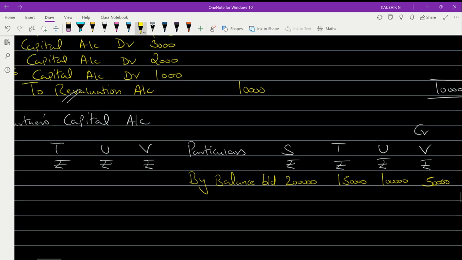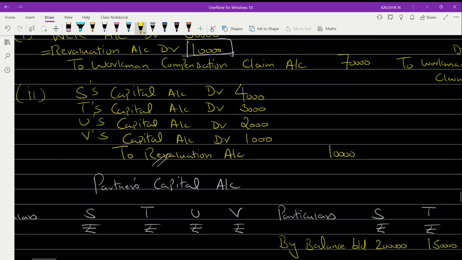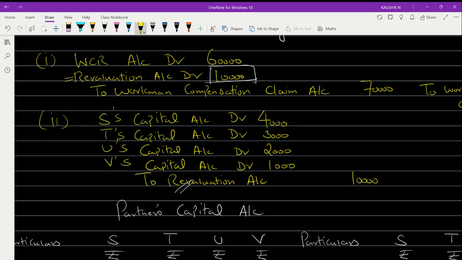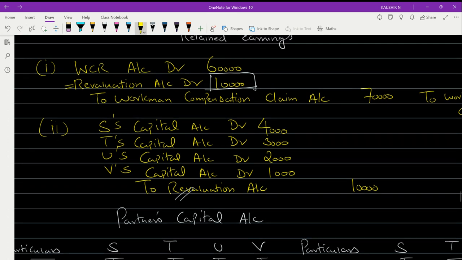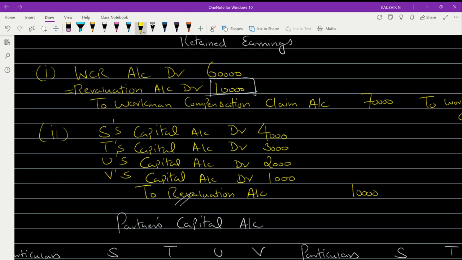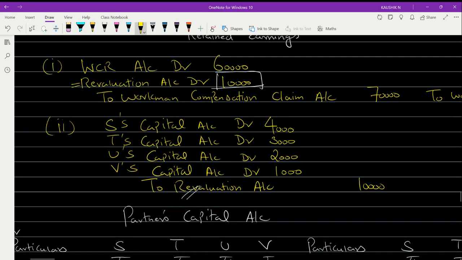Now we had some of the areas where partners' capital account and revaluation account are involved, so we have to bring all those into the partners' capital account. Look here: you have the partners' capital account where the partners' capital is being debited and credited to revaluation account.